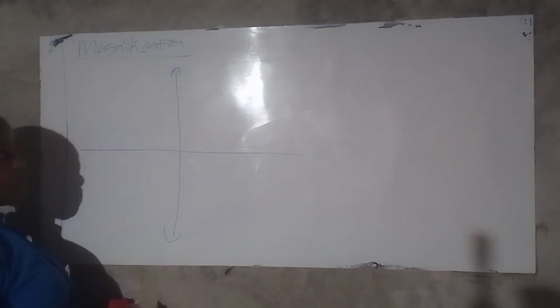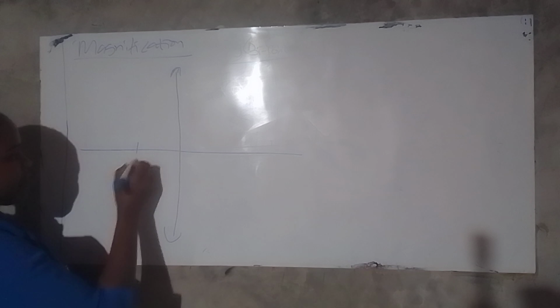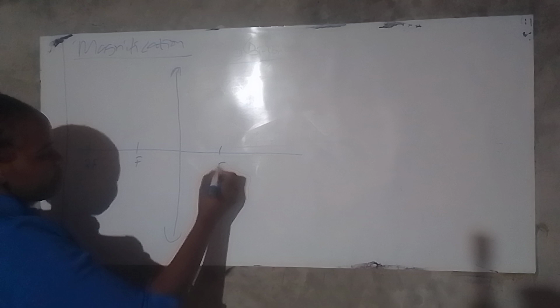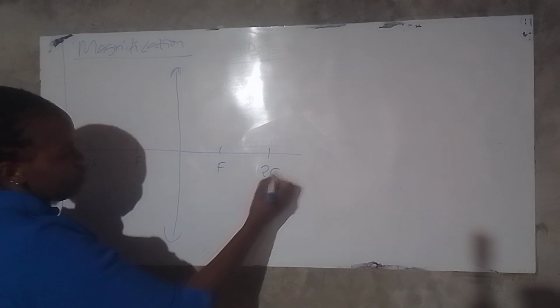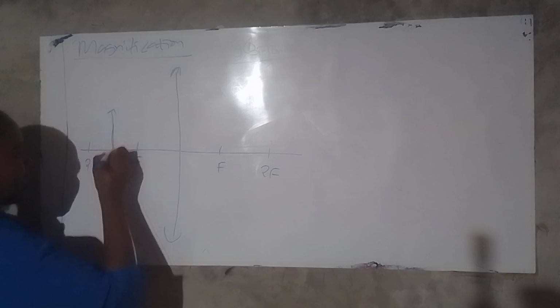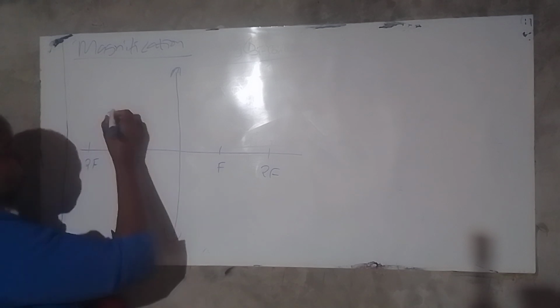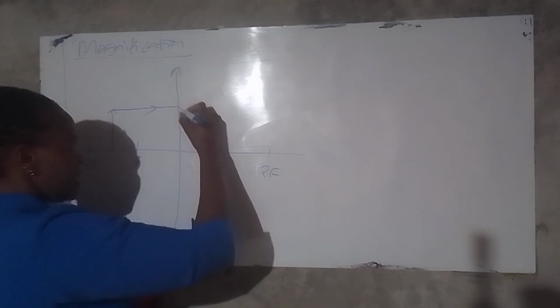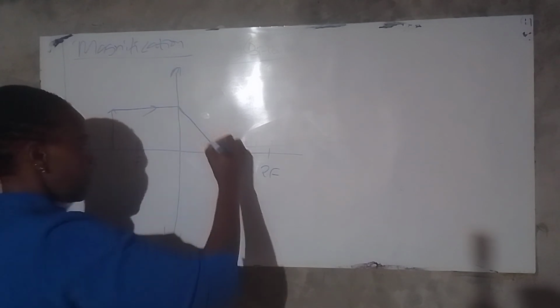Let's say we are using a converging lens. Then we have F, we have 2F, we have F, and we have 2F. Let's say we put the object between F and 2F. Now, following the rules, remember we are using a converging lens, so that ray should be refracted through the principal focus.